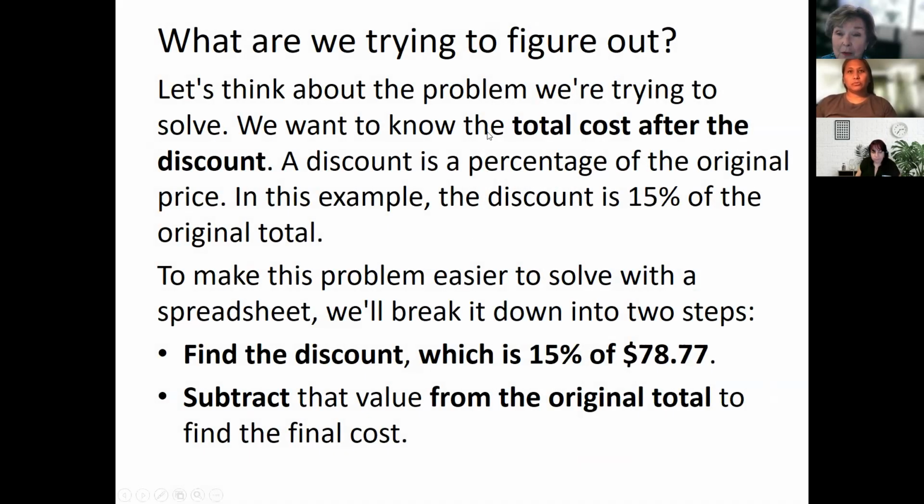Now, we want to know the cost after the discount. So a discount is a percentage of the original price. It's a 15% discount. So if we make the problem easy, we'll break it down into two steps. Find the discount, that's 15% of $78. Then subtract it from the original total.